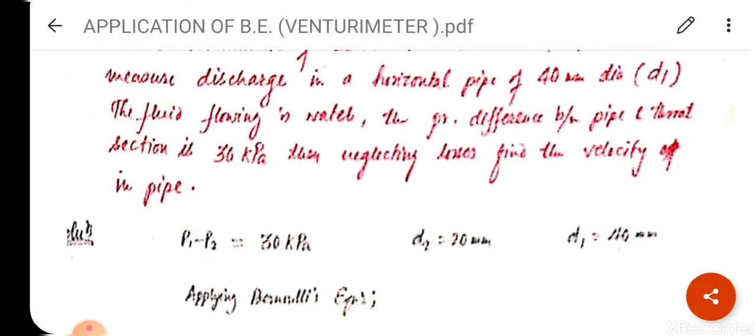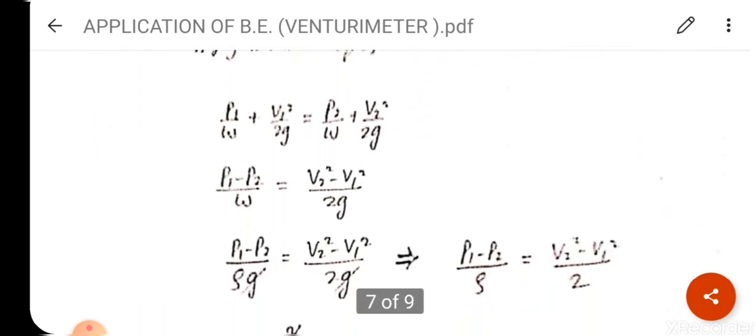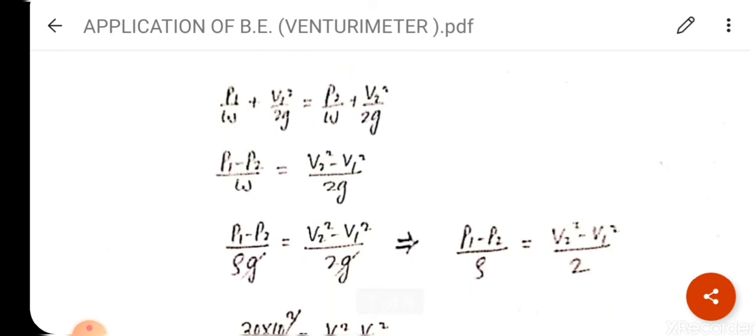Clear? So, applying Bernoulli's equation between them, you will get P1 by W plus V1 square upon 2G is equal to P2 by W plus V2 square upon 2G. Z1 equals Z2, constant. So (P1 minus P2) upon W is equal to V2 square minus V1 square upon 2G.